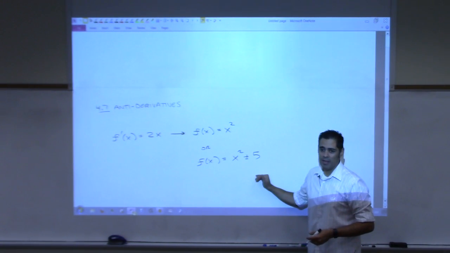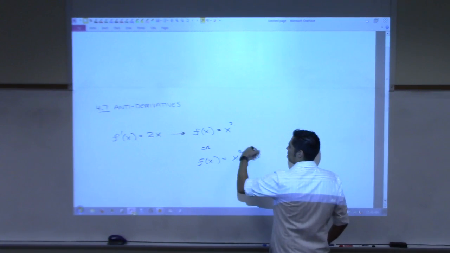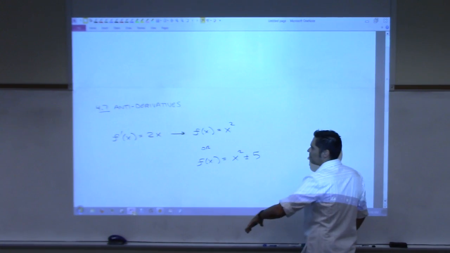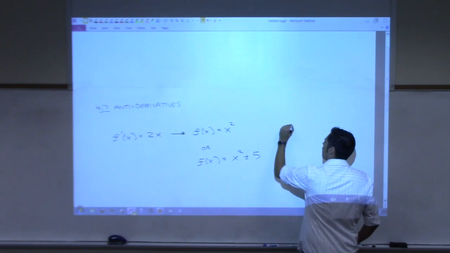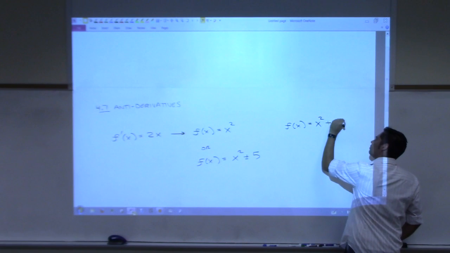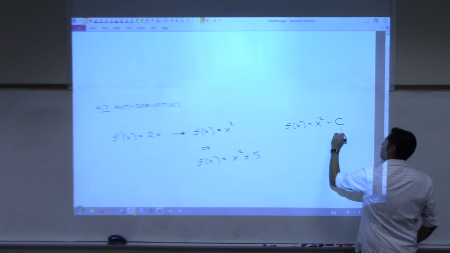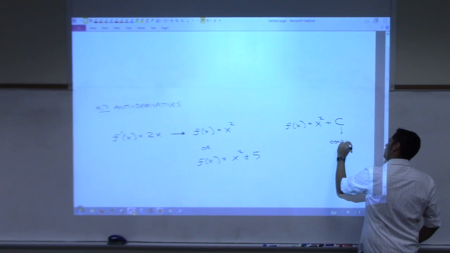Anything. You can't list out all the possibilities, so instead we'll just say that this right here, x squared plus C, is good enough. This covers all of the possibilities. C is a constant.